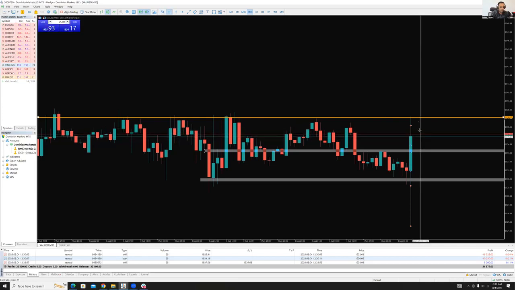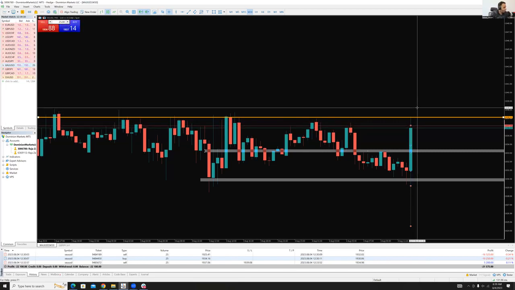So as long as we don't break above that area, we should continue pushing down. As long as we don't move above 1939. We got 5 minutes left over here.